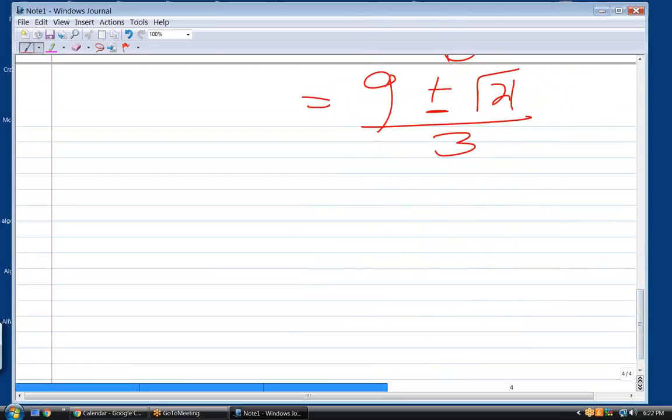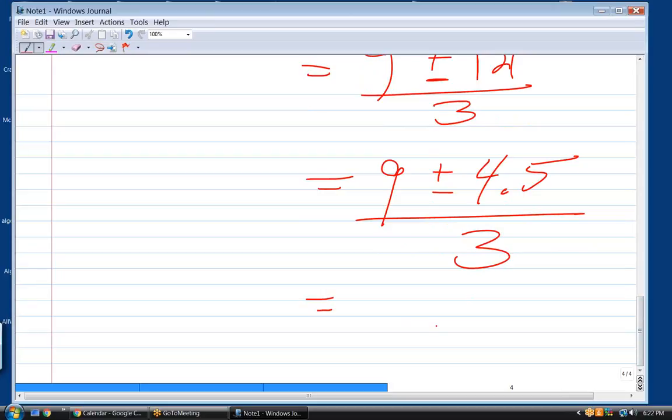So the dimension I want on my box is basically, one of these is a maximum and the other one's going to be a minimum. This is equal to 9 plus or minus root 21, which has to be what? 4.5 maybe? I'll approximate it.